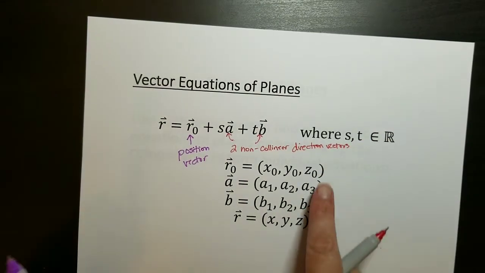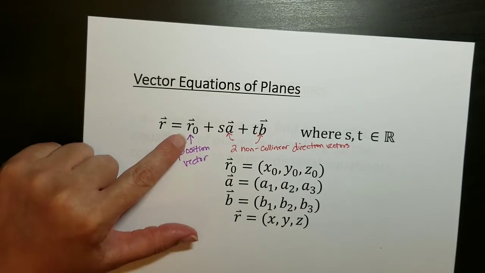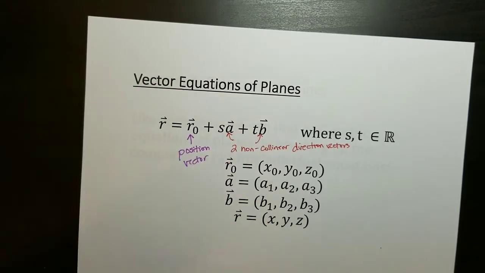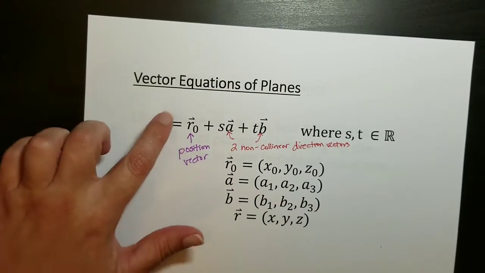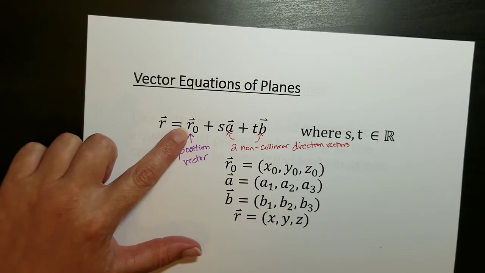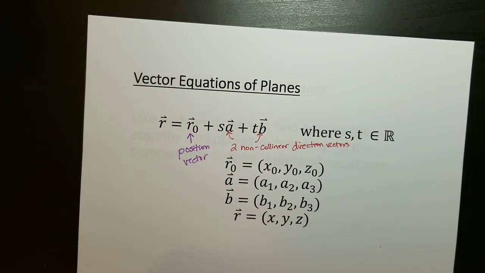Again, I don't want you to have to memorize this. Just remember that I have to get to the plane and then move in 2 different directions along the plane, and then piece that together. So this would be a specific point on the plane, a vector going from the origin to that point, and then A and B are 2 vectors that lie flat on the plane.